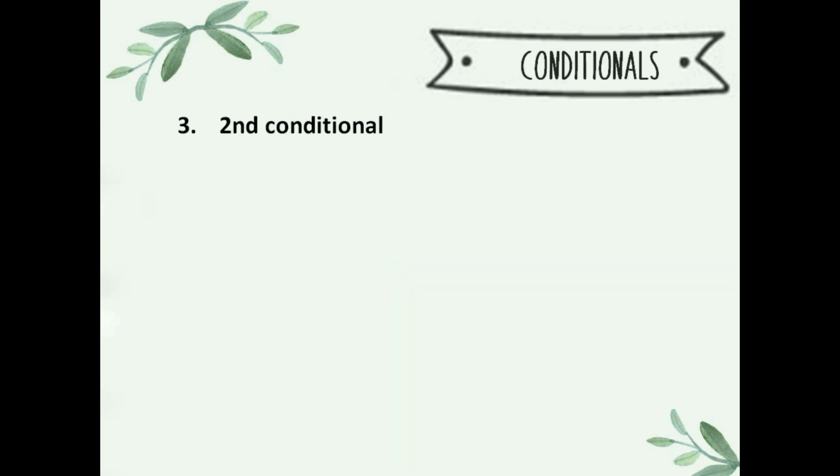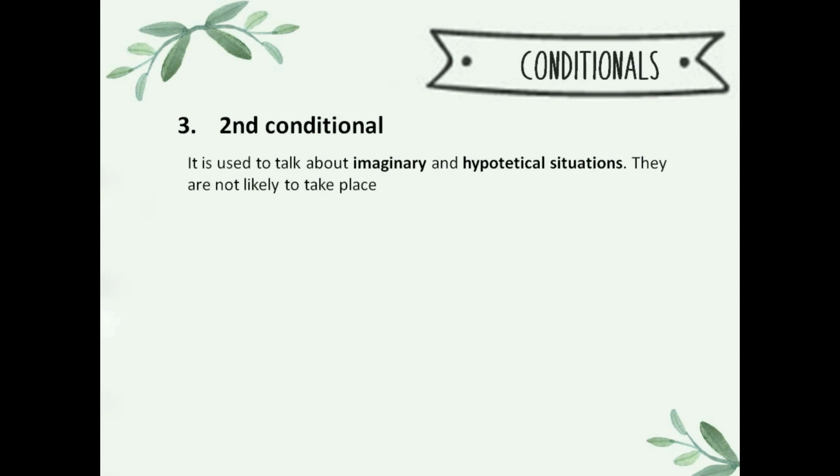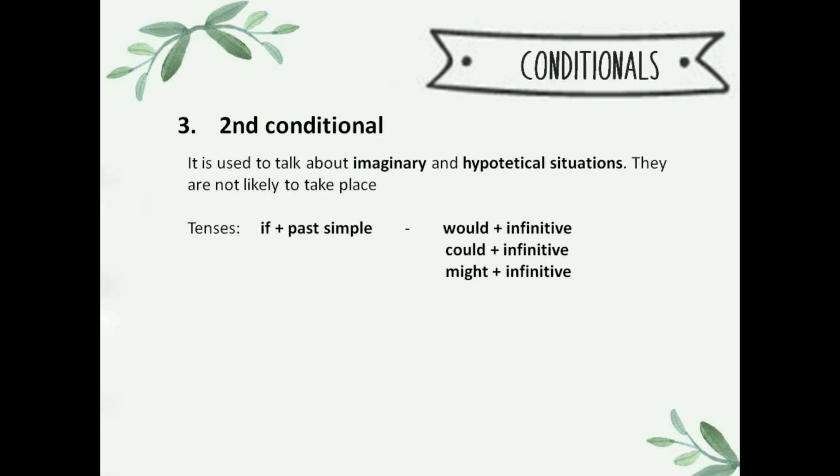Now, what about the second conditional? Second conditional is used to talk about imaginary and hypothetical situations. They're not likely to take place, so these situations are not really possible, and as you can see here, these are the tenses that we can use.